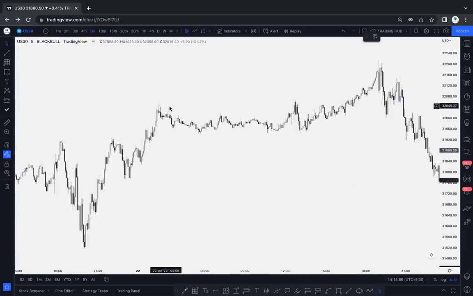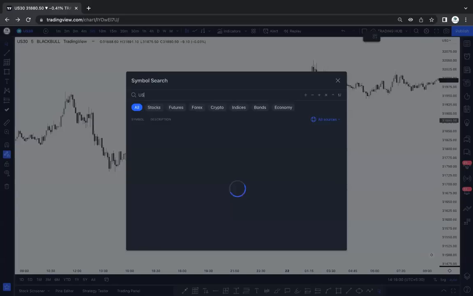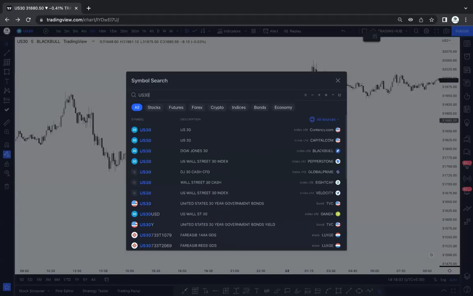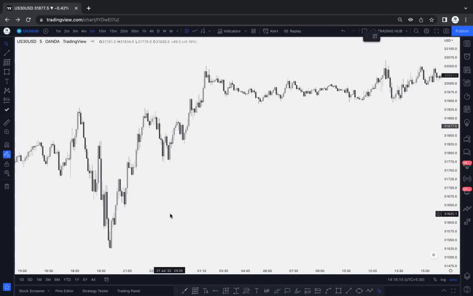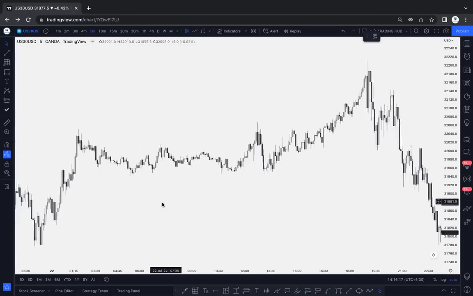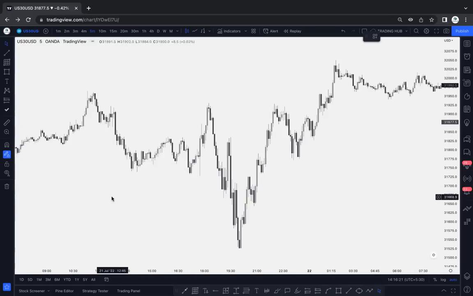So this is Black Bull. Which broker has a good chart on US30? I think Wanda, looking good. I think now I'm watching.